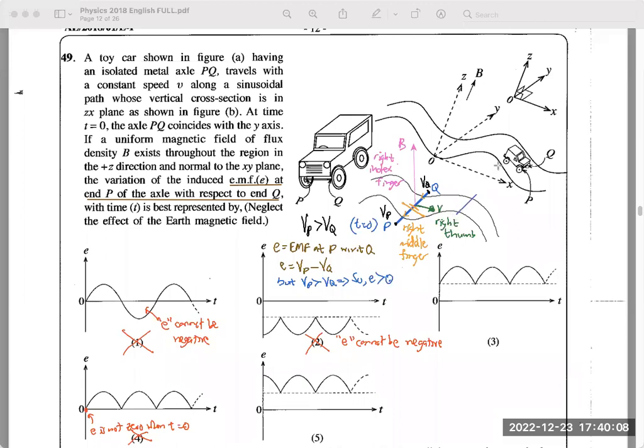When it falls down again, it will still have the same scenario, and the magnetic field is still the same. So every time it reaches the crest and the trough, E is going to be the same.